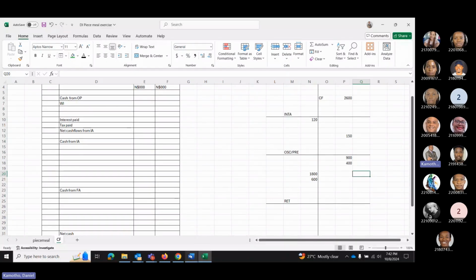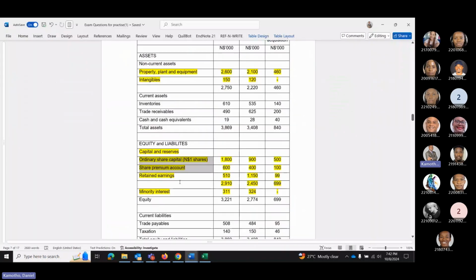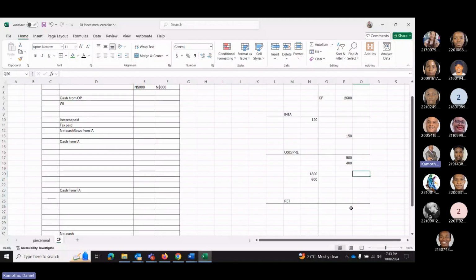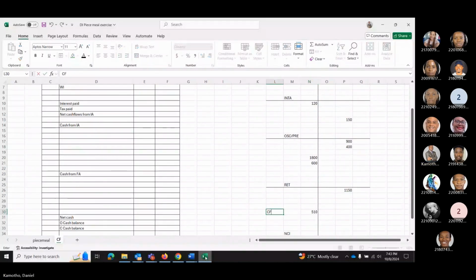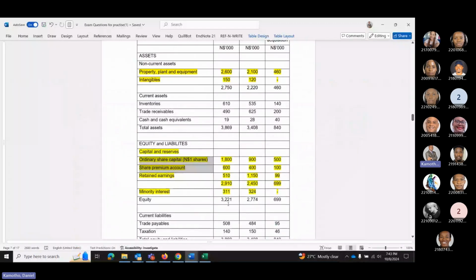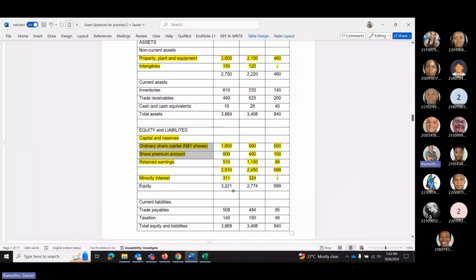Then we can look at the retained earnings, which is 1150 and 510. The carried forward is 510. Having done that, I think we have an NCI 324 and 311.